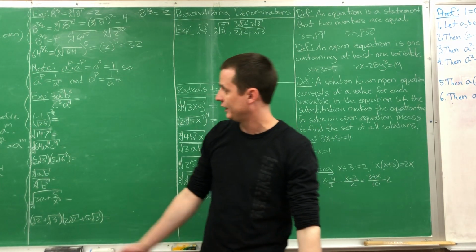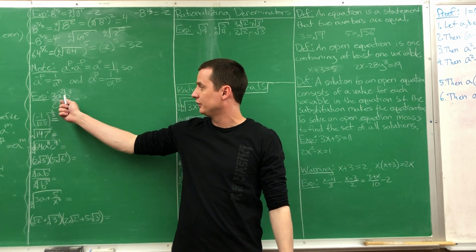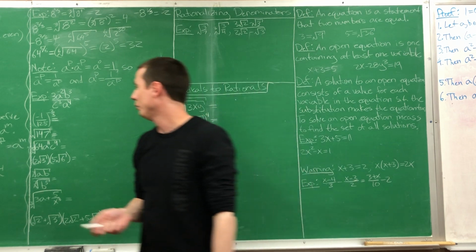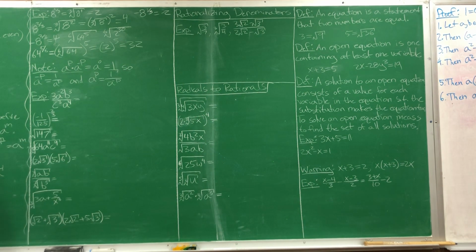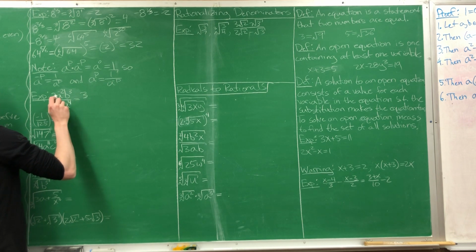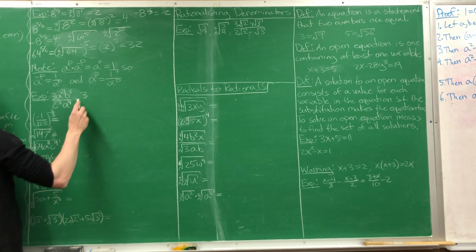So now let's do some simplifying. So I have 3a to the negative 2 b to the 3 over c to the negative 3 a to the 4. As a general rule, when we're doing algebra, we hate dealing with negative exponents, so we just make them positive. How do you make it positive? You flip it. So if I want to make that positive, I just put a squared down here, and if I want to make that positive, I put c cubed up here. So this is equal to 3, we no longer have the a squared, because we're going to move that downstairs.